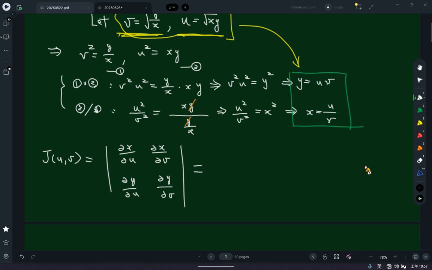Partial x here is u over v. Then partial y partial u is v, partial y partial v is u.